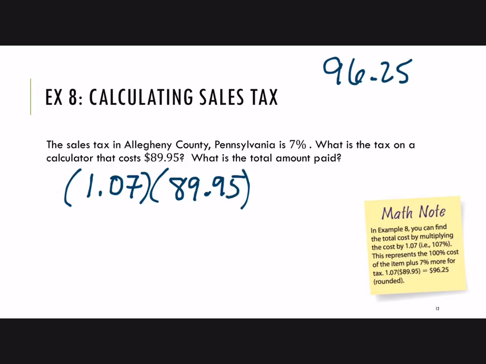All right, so what you're doing here is the 1 represents 100%, and the 0.07 represents 7%, so you're finding 100% of the original amount, and then you're finding the sales tax amount, the 7%, and then you're just adding those two together.